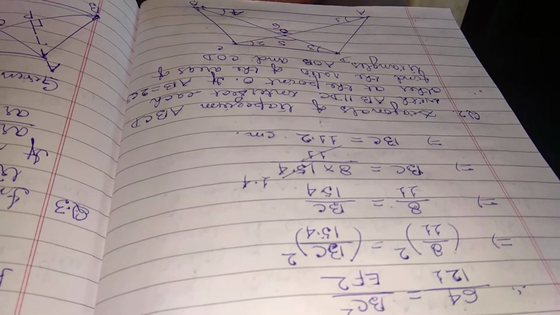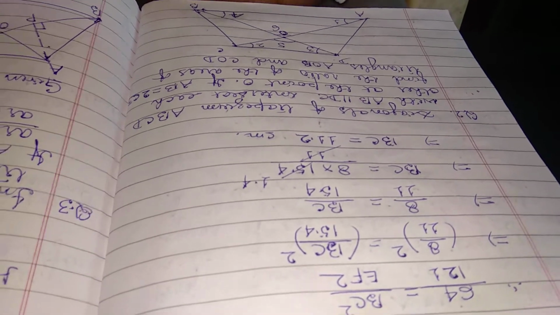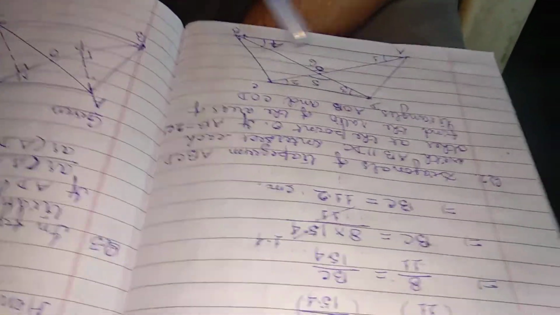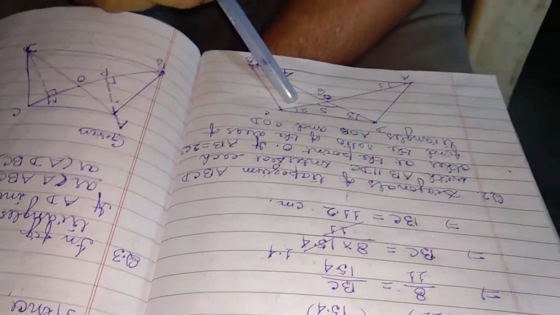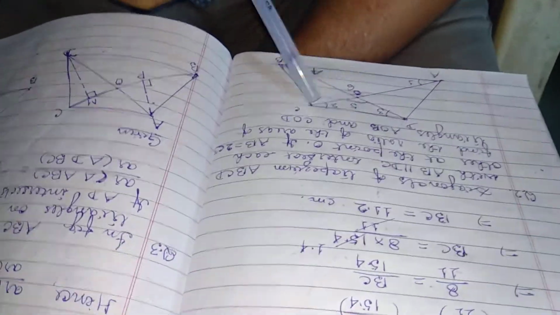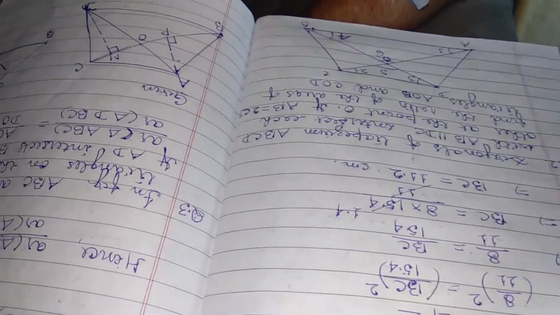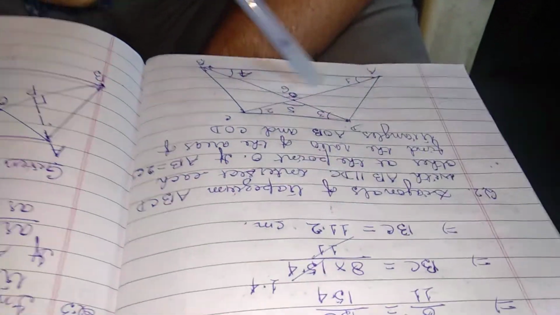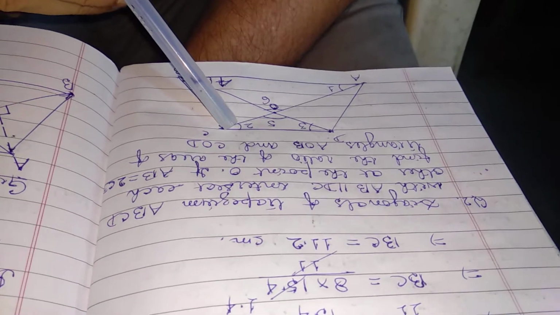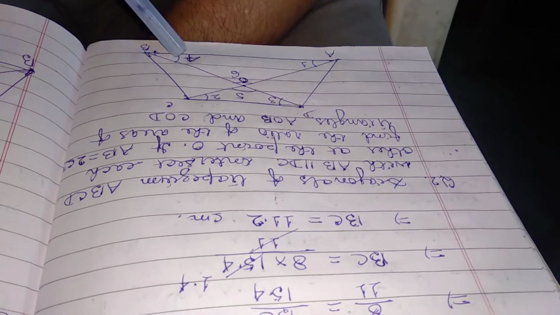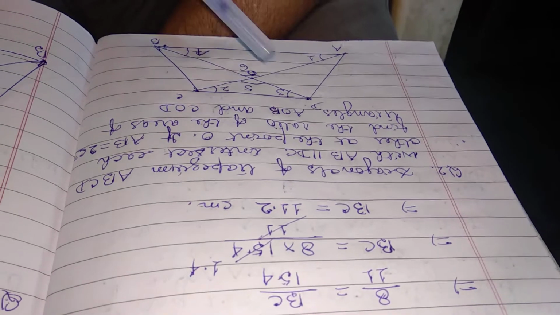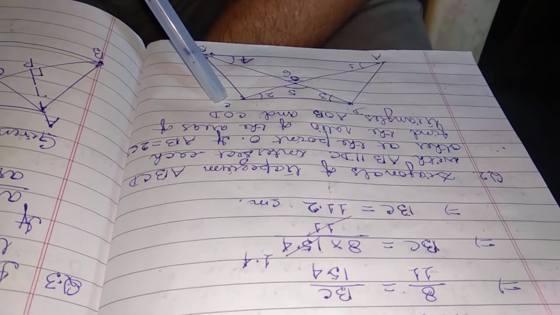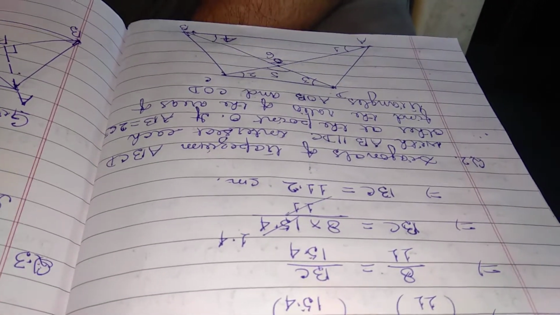Okay. Now in the figure, in triangles AOB and COD, angle 1 is equal to angle 2. Why? Because these are alternate interior angles. Since AB is parallel to DC and AC is a transversal, angle 1 is equal to angle 2. Similarly, angle 3 is equal to angle 4, because these are alternate angles; AB and DC are parallel and BD is a transversal.